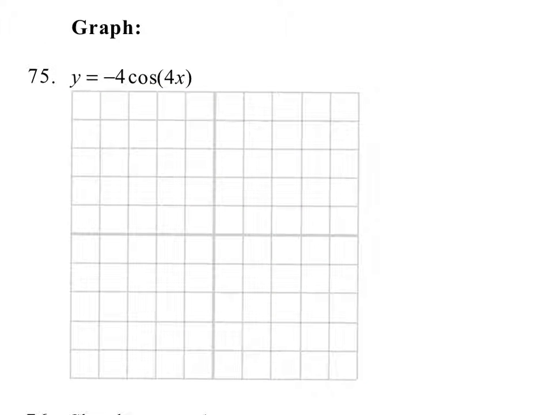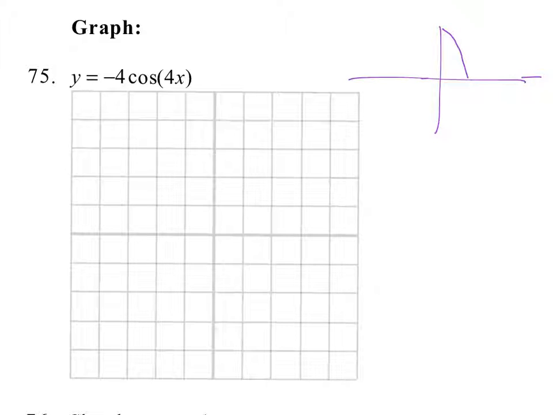Next up, we've got to graph y equals negative 4 cosine of 4x. Big thing I need to figure out. I'm just going to do one period of this. I'm going to do the positive period. But the first thing I need to do is to establish what's going on here in terms of graph shape.